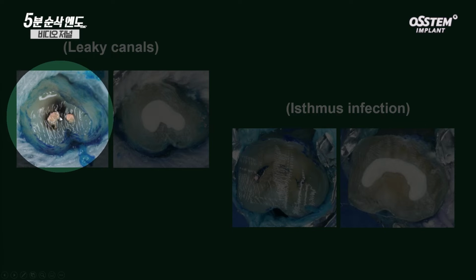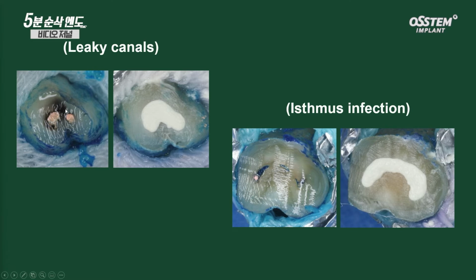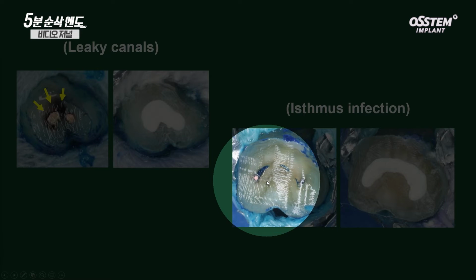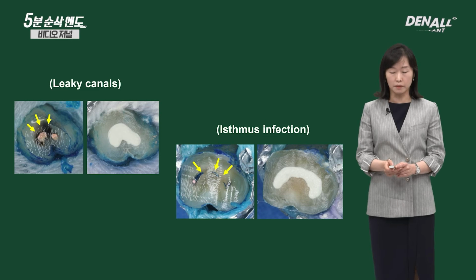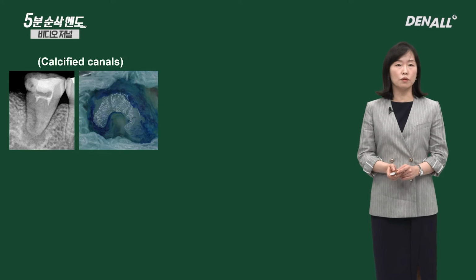The GP looks tightly filled, but around the GP, there's leakage leading to infection and surgery. Due to the C-shape characteristic, there's an isthmus around the GP. Infection occurred in the isthmus area and this led to surgery.